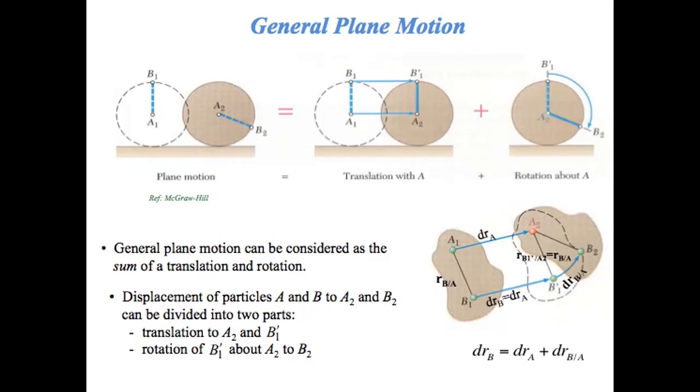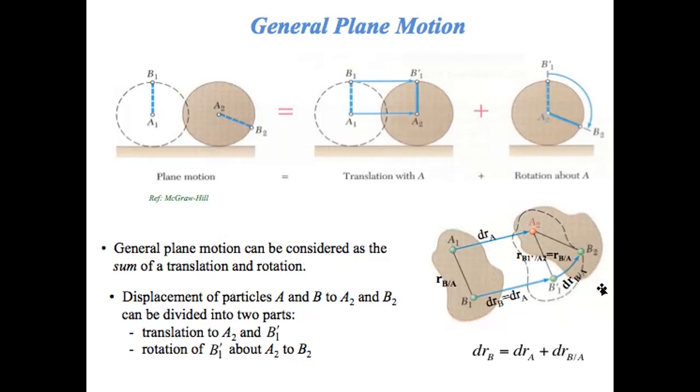For the second step of the motion, the particle B1 prime rotates about a fixed axis that is perpendicular to this plane and passes through point A2. So B1 prime is rotating about point A2. Now particle B1 has a new relative position with respect to A1, and the change in its relative position is represented by dr_B/A.